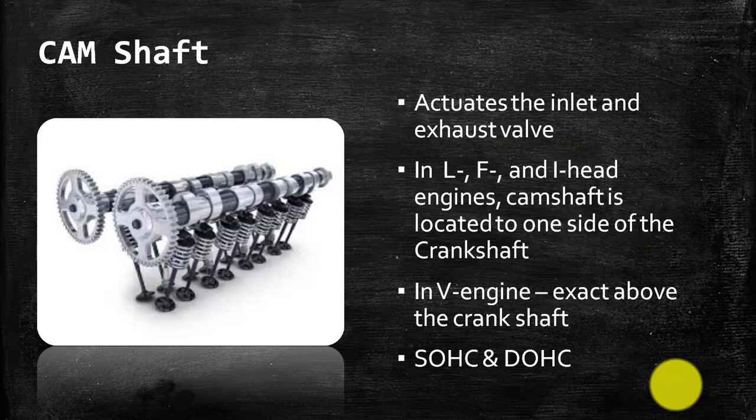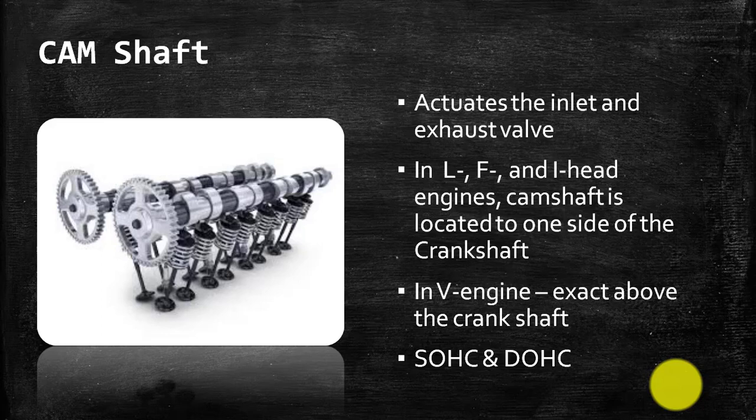The next important component is the camshaft. In construction, a camshaft looks like forged lobes mounted on a straight shaft. The camshaft is operated with the help of the power produced at the crankshaft.